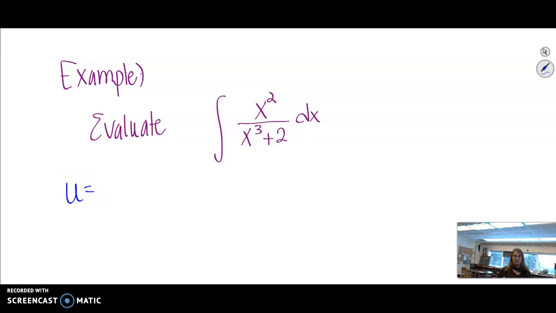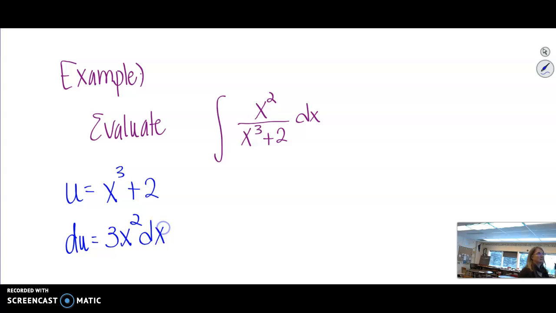Think about what u would be so that its derivative is a piece of the integral. And hopefully you're thinking x cubed plus 2, that denominator. So then du, the derivative of that, with respect to x, is 3x squared dx. So I have an x squared in the top. If I make that a 3x squared, then I'm getting somewhere.